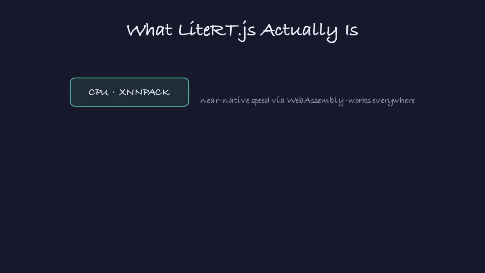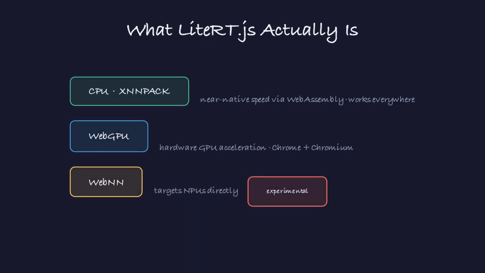First, native performance. On CPU, the XNNPACK kernel runs through WebAssembly at near-native speed. But the real story is the GPU and NPU. LiteRT.js surfaces 2 backends directly: the WebGPU API and the emerging WebNN API.